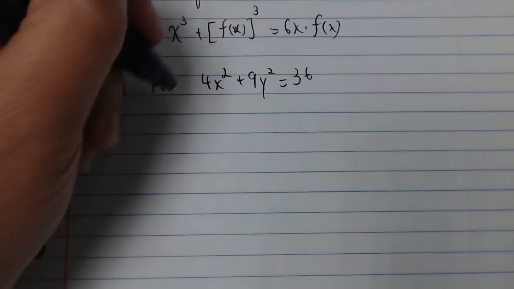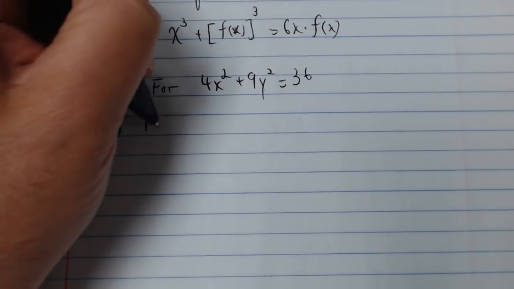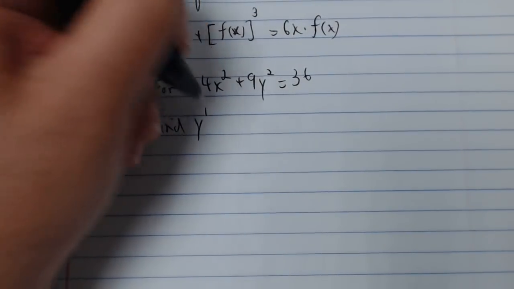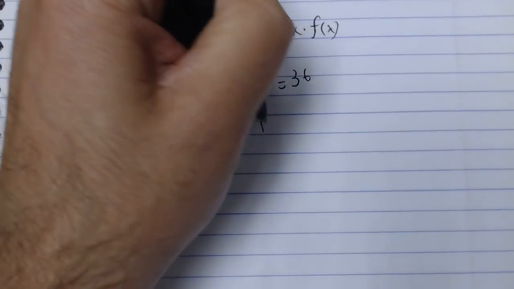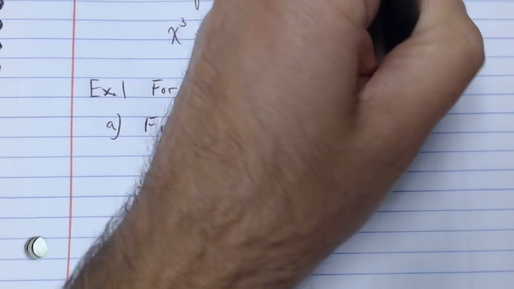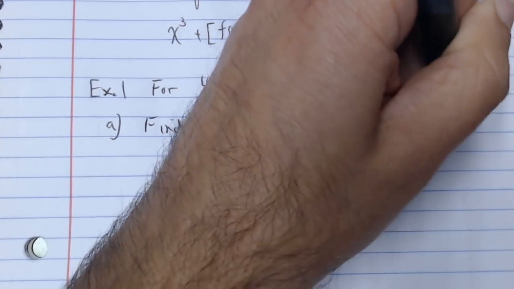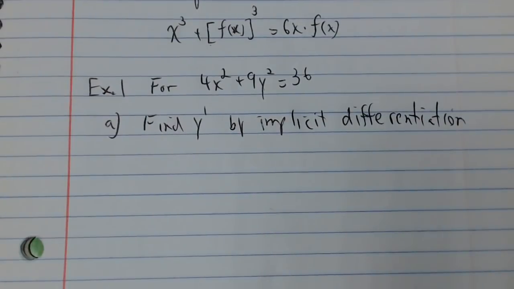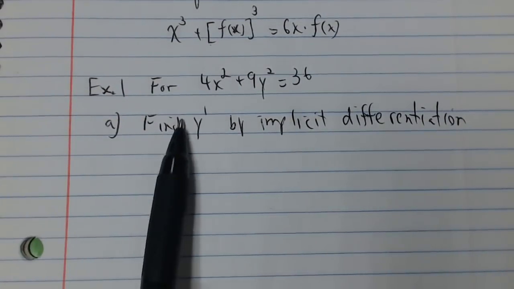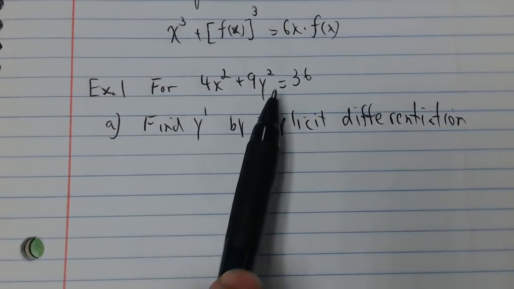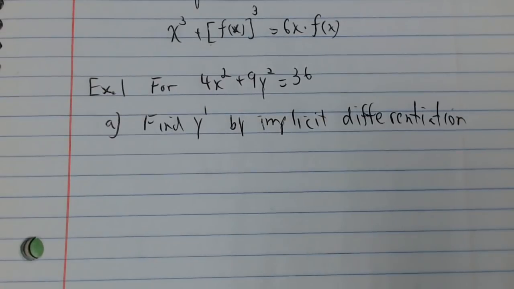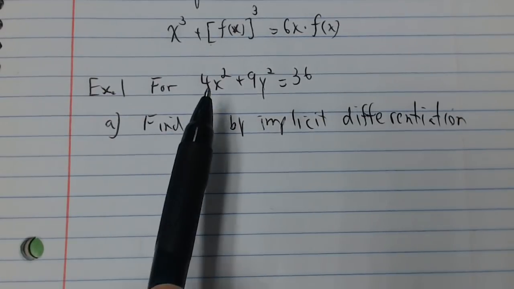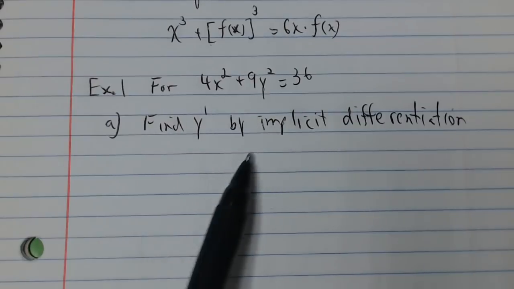First way is find y prime by implicit differentiation. Remember, y is a function in terms of x, so we're finding the derivative using implicit differentiation, which means just take the derivative of the left side and the right side and then proceed with it.